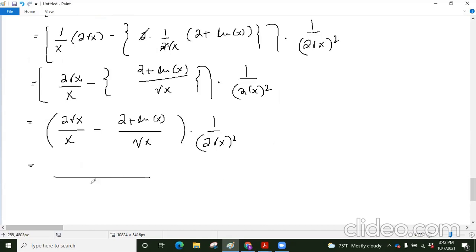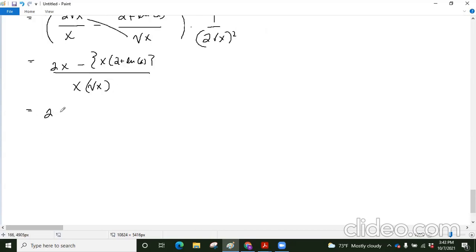Same A, B, C, D pattern. So x times under root x. Multiply this with this. That's 2x, because remember those under root x's become x, so that's just 2x. Minus x times 2 plus ln of x.